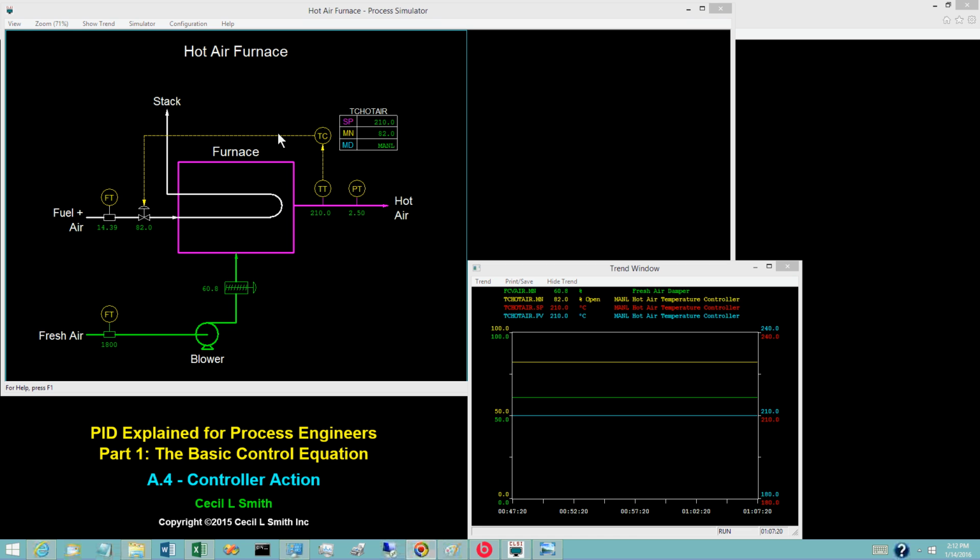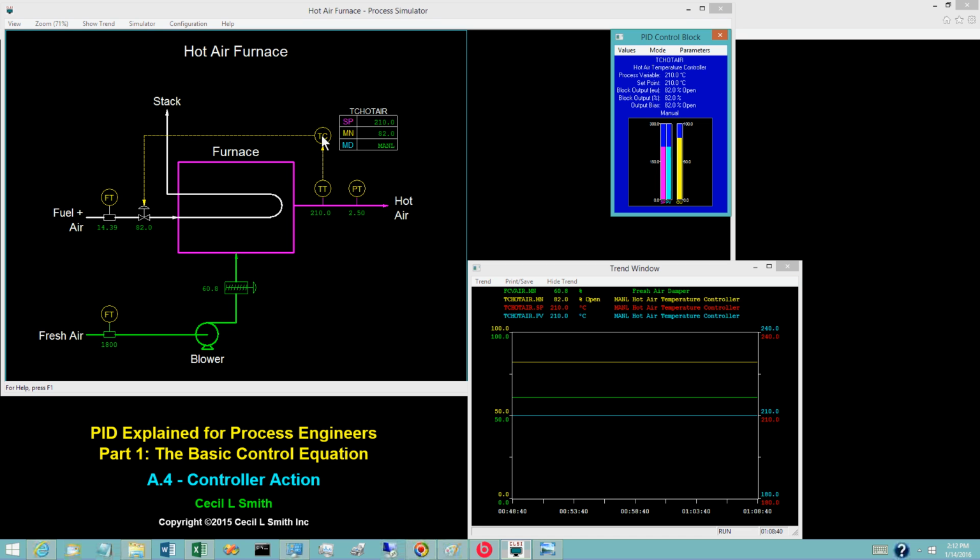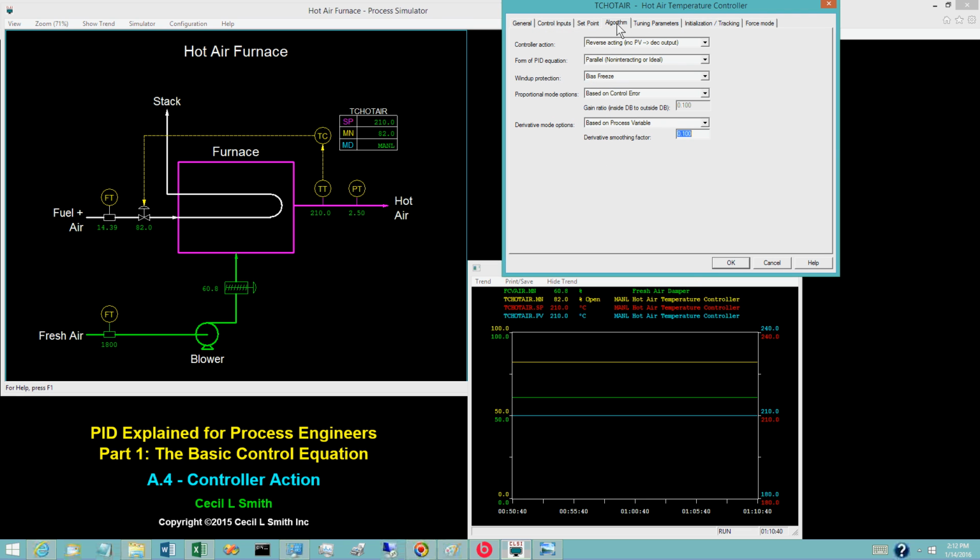For the hot air temperature controller, open the configuration window for the PID block. Then open the Algorithm tab. The two options for controller action are direct acting and reverse acting.